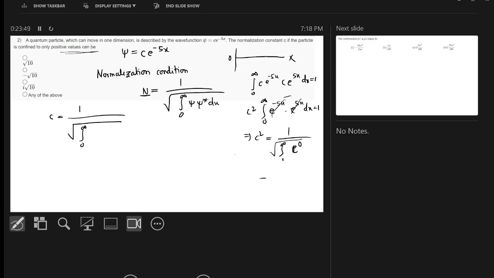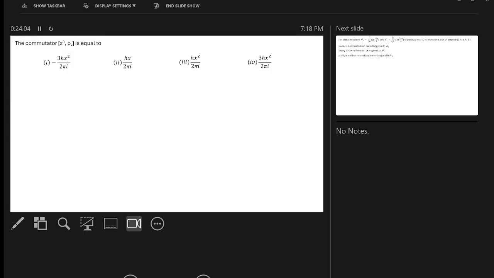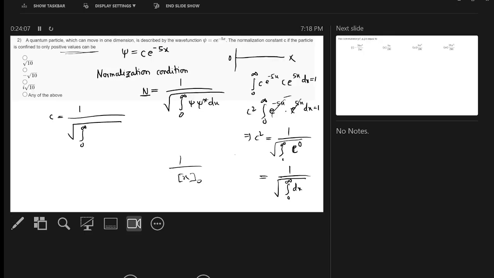You'll get 1 by x from 0 to infinity, so 1 by infinity minus 0. So 1 by under infinity, which is infinity. So any value is possible.